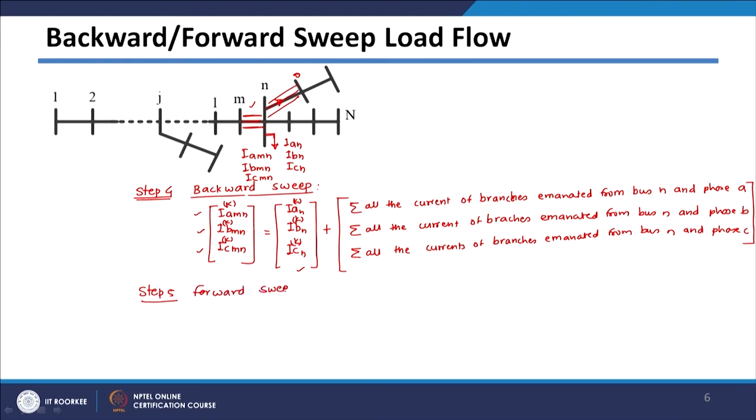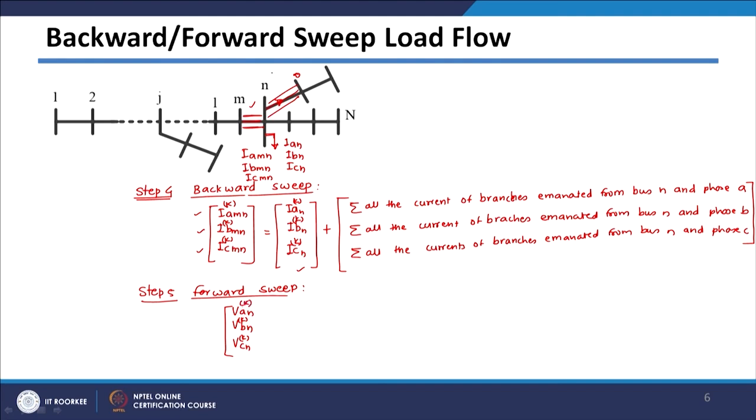And we have seen that in forward sweep we are basically calculating the nodal voltages. So in this case nodal voltages VAn, VBn and VCn at kth iteration.